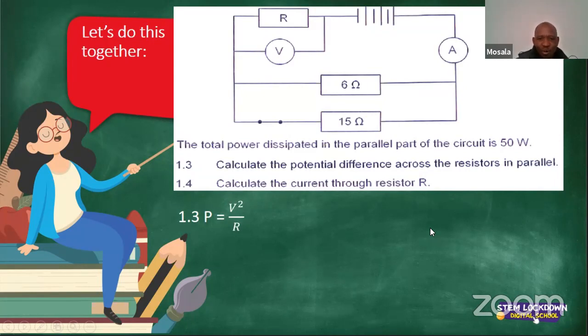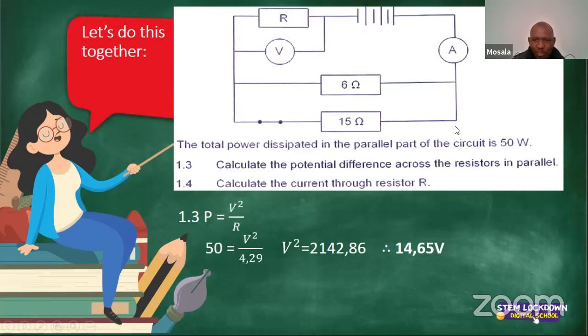The power dissipated is 50 watts, V squared is what we do not know, and the effective resistance across the parallel combination is 4.29.